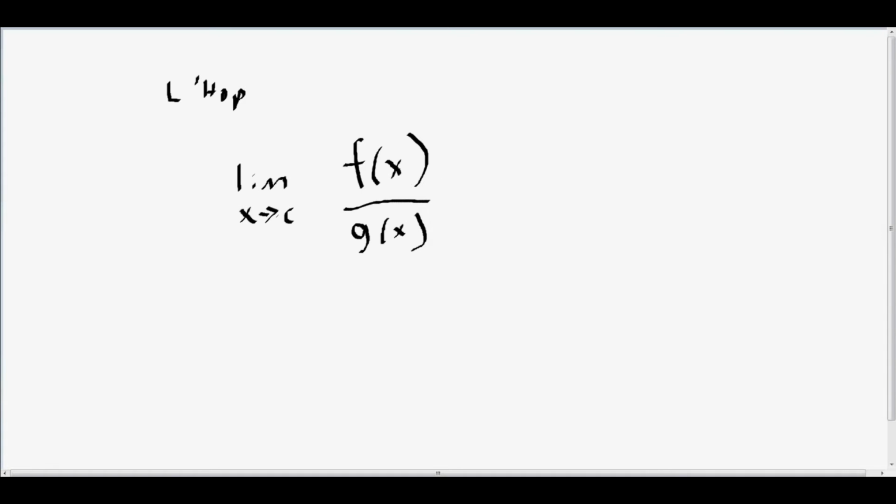If plugging in c to this limit gives you an indeterminate form, then you could use L'Hopital's rule.